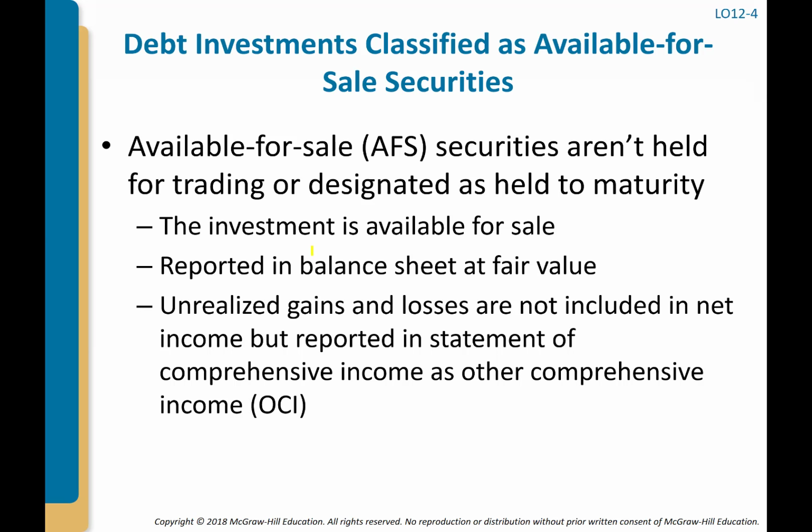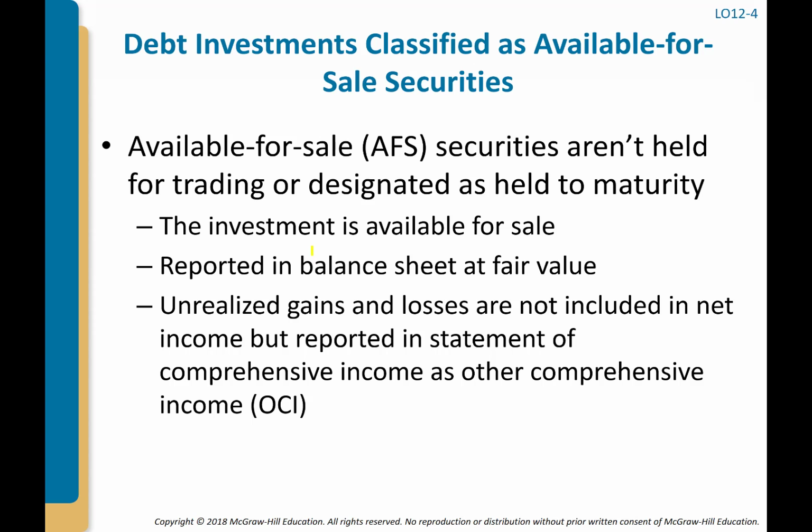Okay, let's take a look at available for sale. If we are dealing with available for sale, we're treating this as a catch-all. So if you're not trading, if you're not held to maturity, you've got nowhere else to go. So where do you go? You go to available for sale with that security. Now for the balance sheet, there's absolutely no difference between what we just saw for trading and what we're going to do for available for sale.